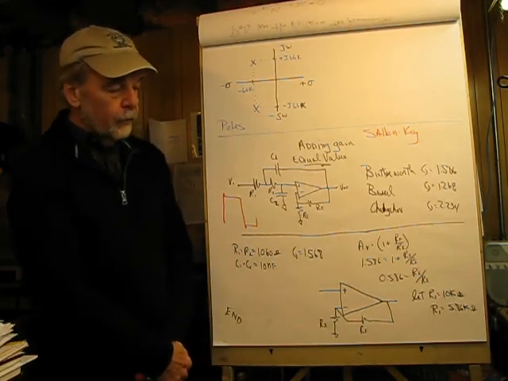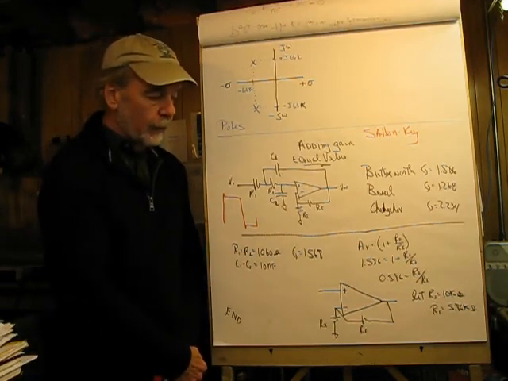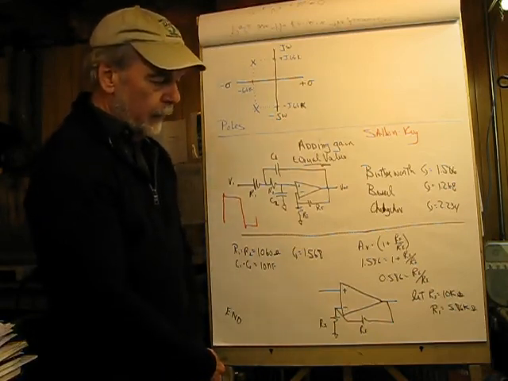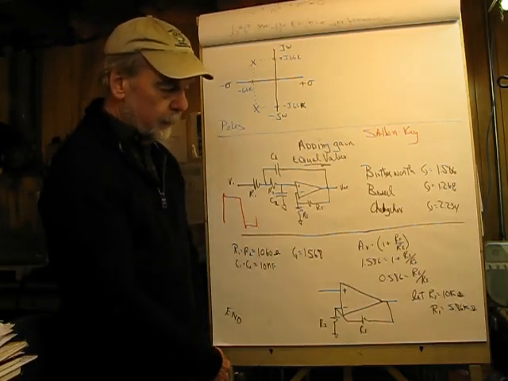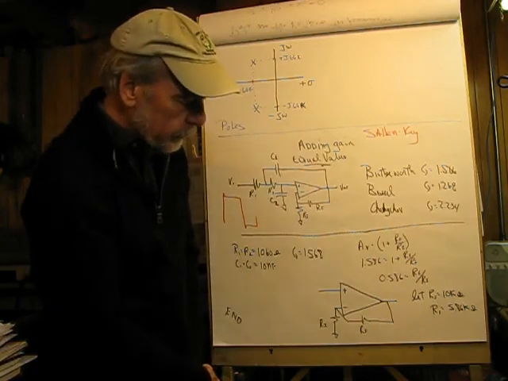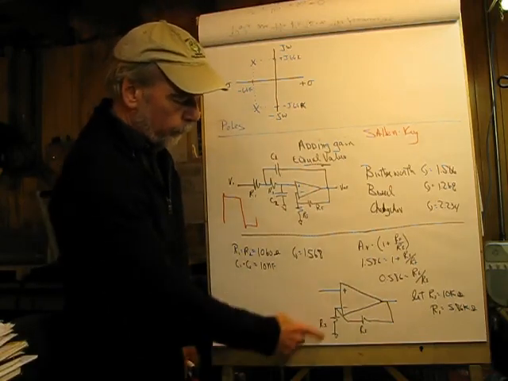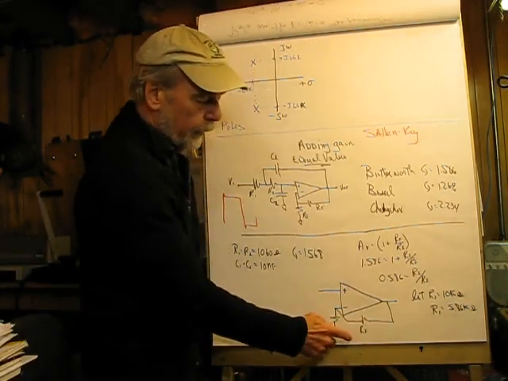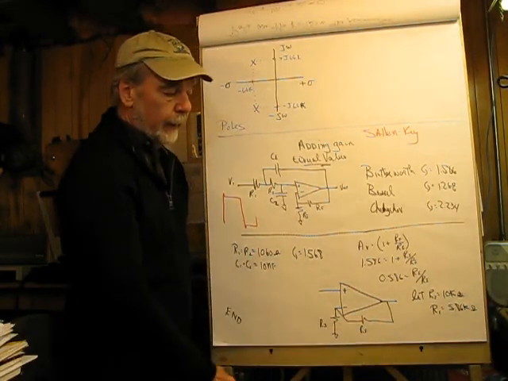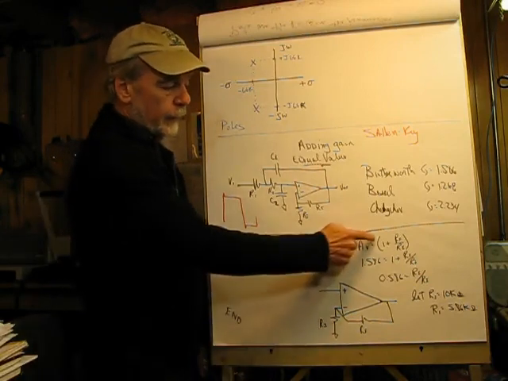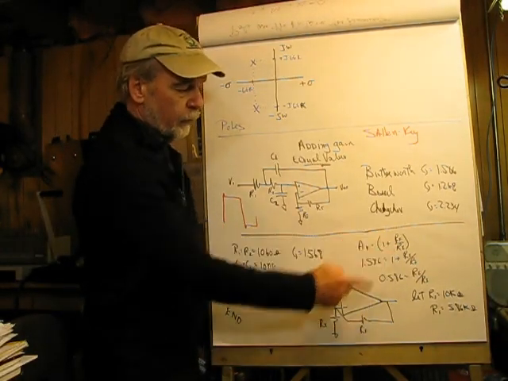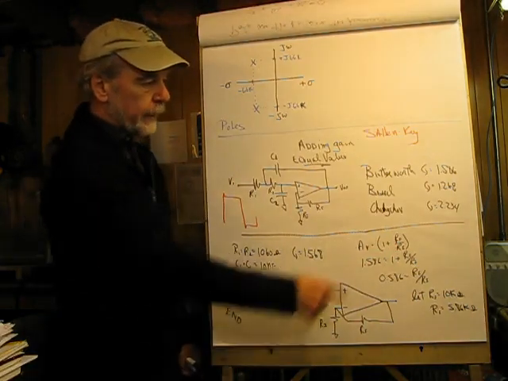Again, we let one of them be something so we can figure out the other. In this case, I let Ri equal 10K and Rf 5.86K. When you put that back into the gain equation, it's 1 plus 5.86K over 10K, which gives us our gain of 1.586.